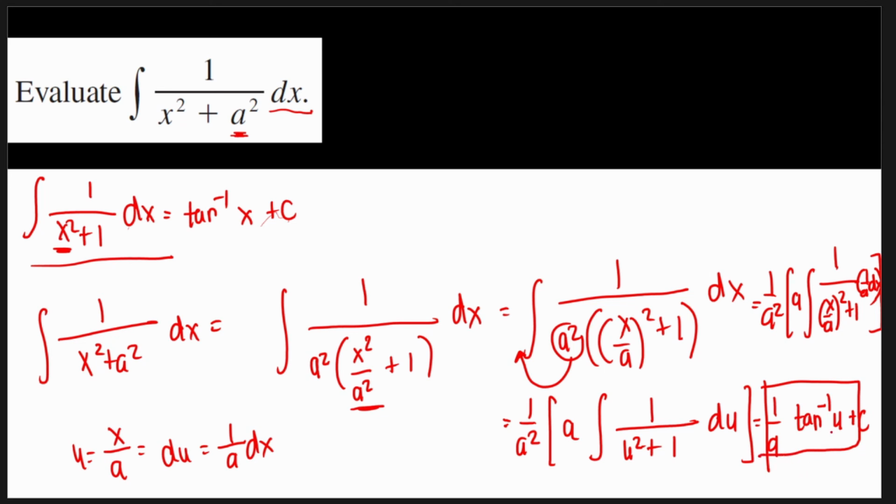So that is our answer. And if we substitute the value of u with x over a, this will be equal to 1 over a arctangent of x over a plus c. So that is our answer.